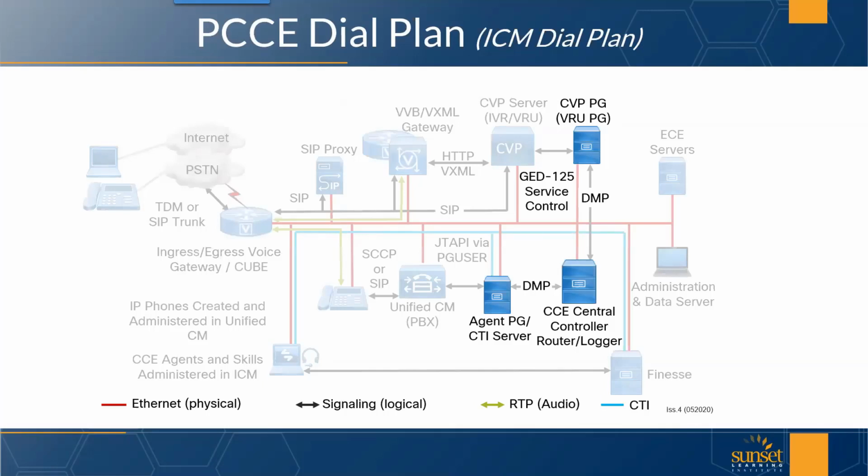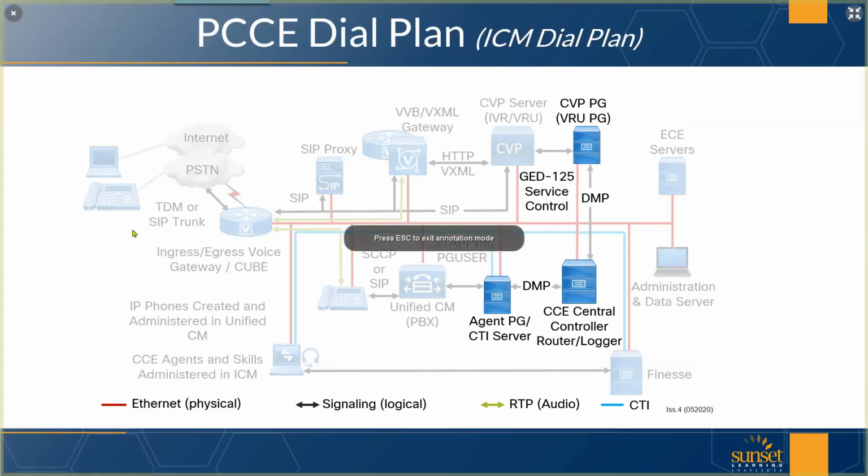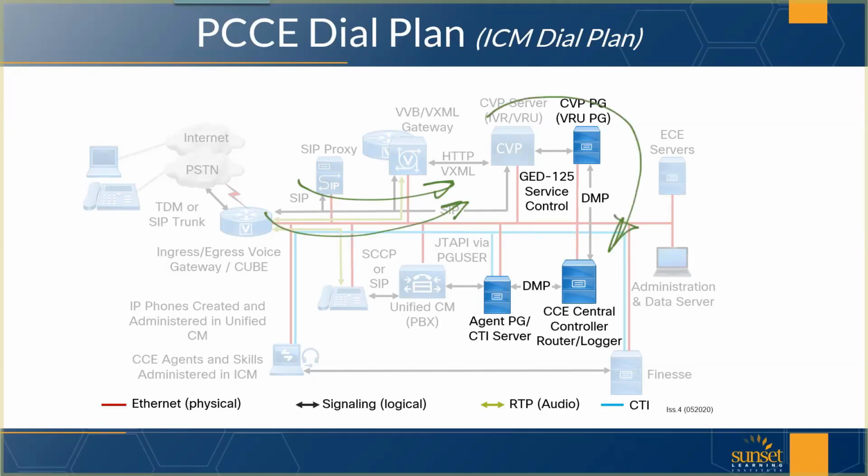Our ICM dial plan. So we've looked now at our ingress gateway and our SIP proxy. Now on ICM, there's clearly quite a bit of work to be done in configuring our ICM dial plan. Notice again that anything coming into CVP from our SIP proxy or from our ingress gateway is automatically delivered via the PG into our ICM central controller.